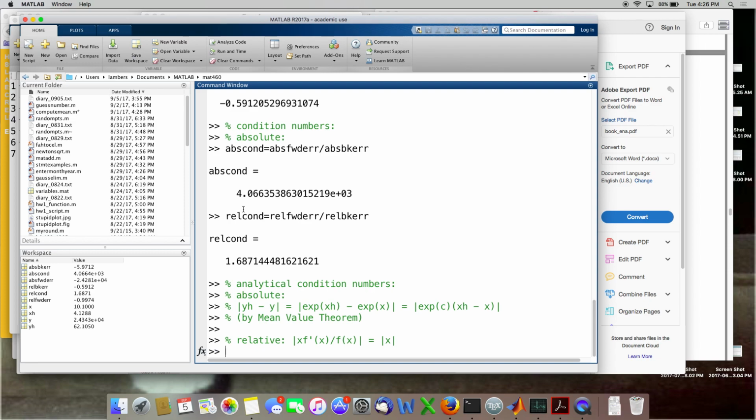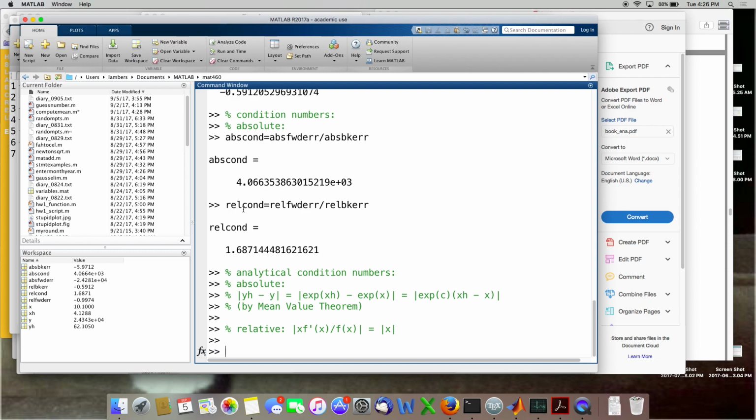Now, if I change the example a little bit, change how I compute y hat. So instead of using the second degree Maclaurin polynomial, I'm going to use a Taylor expansion with a different center. I'm going to center it around 10. This is why I used 10.1 earlier.